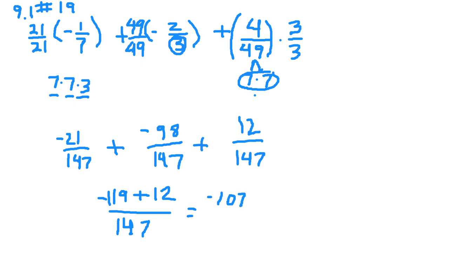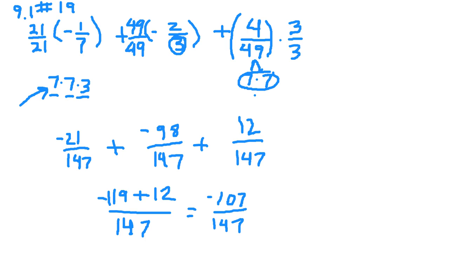Okay, now we need to check and see if we can simplify this number. And again, I'm going to use the fact that the prime factorization of 147 is 7 times 7 times 3. So the only things that we have to test are 7 and 3. We know 147 is divisible by 7. Let's try 107. 107 divided by 7 is 15.6, blah, blah, blah.